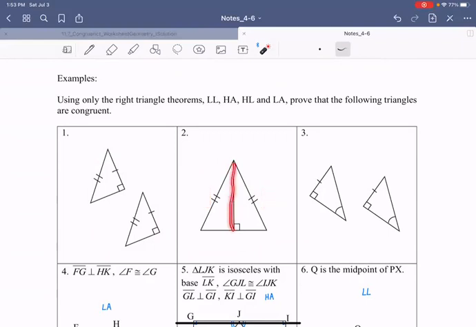Look, for the right triangle, this is called the leg. This is called the leg. Okay. So HL. Make sense? Oh yeah. Hypotenuse equal, leg equal. So HL. Okay. One more. LA. Leg angle. Very good.